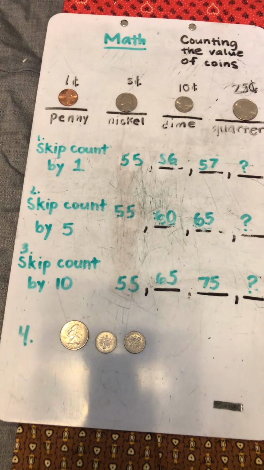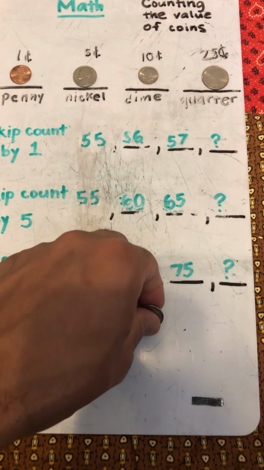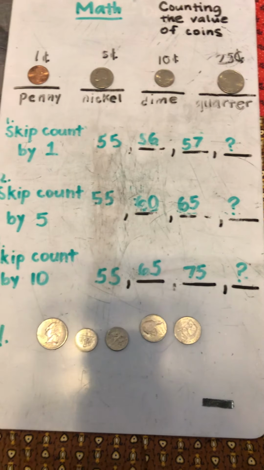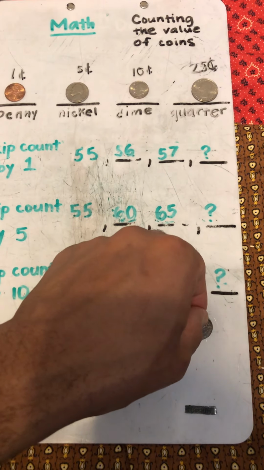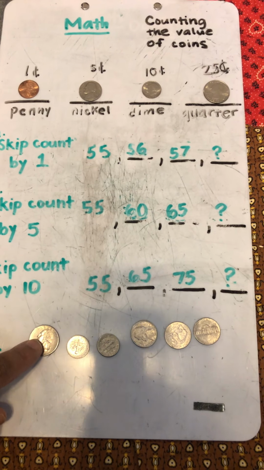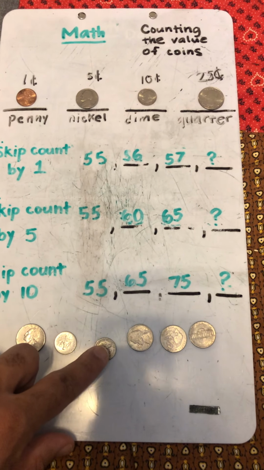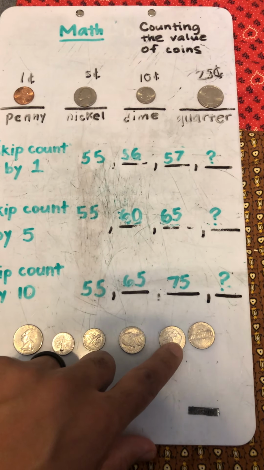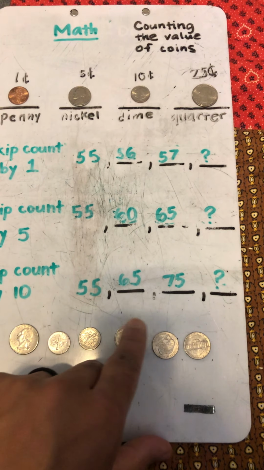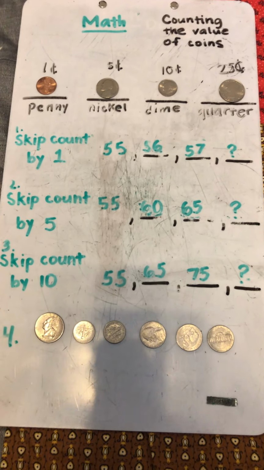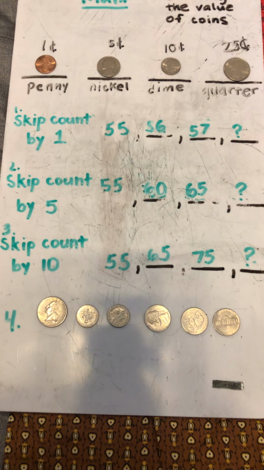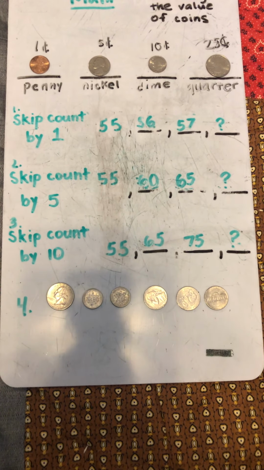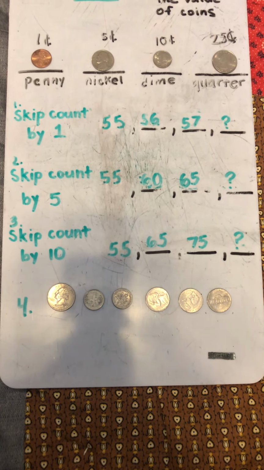And then I'm going to add some of my medium-sized silver coins here, here, and here. So here you're going to have to use some skip counting patterns to help yourself find the value of the coins that I have shown.